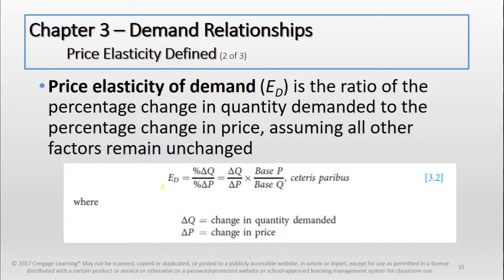So, that is how you get your elasticity of demand. Or, your change in quantity over change in price multiplied by your base price over base quantity under the assumption of ceteris paribus. So, that is your formula for your price elasticity.